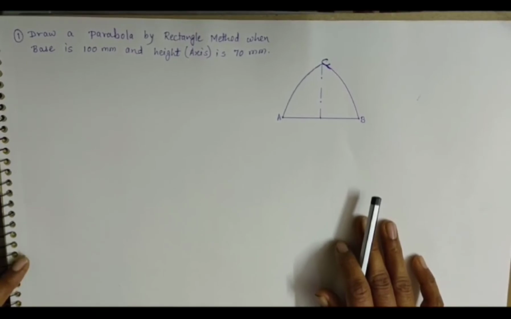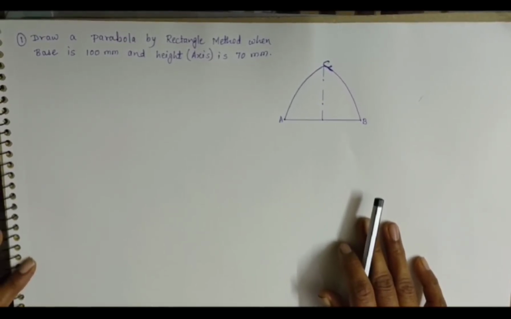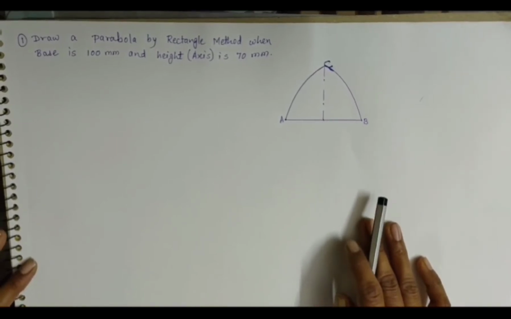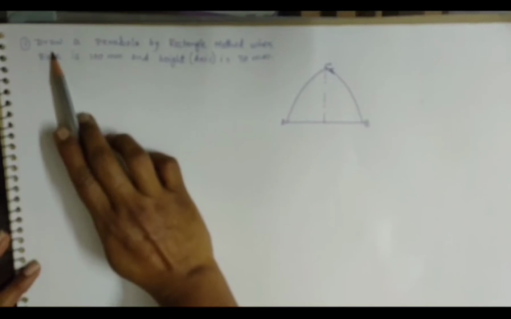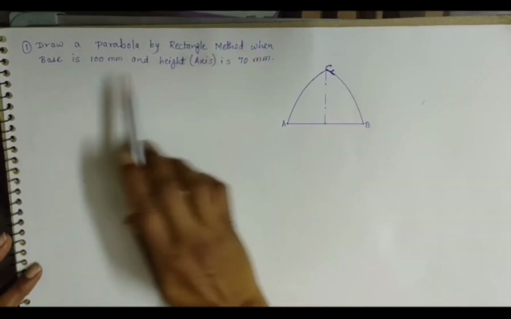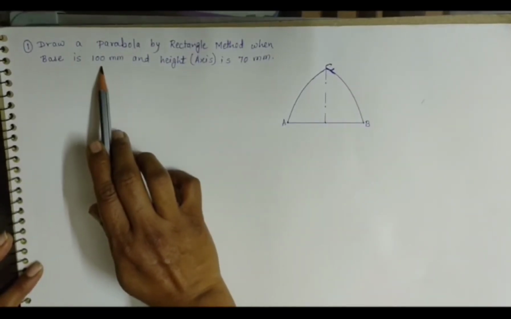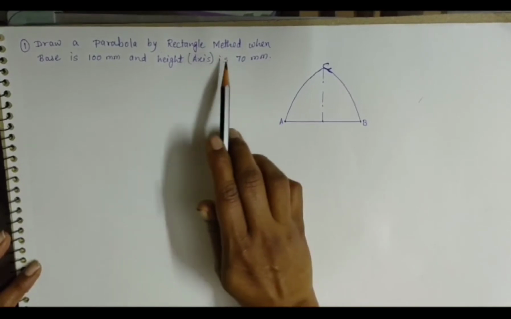I am Sushma Bhavne. Today I will explain you parabola by rectangle method. There is a problem to discuss this method. Draw a parabola by rectangle method when we have given the base and height, or we can say an axis.